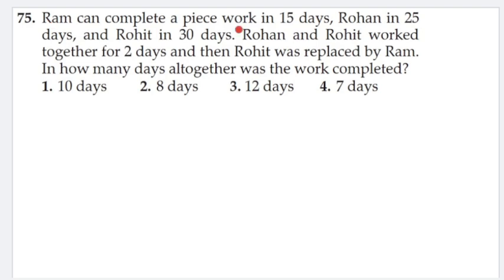Ram can complete a piece of work in 15 days, and Rohan in 25 days and Rohit in 30 days. So each of their individual time taken to work is given.